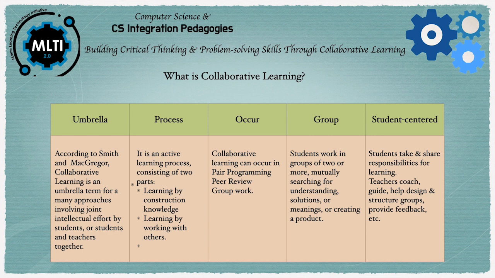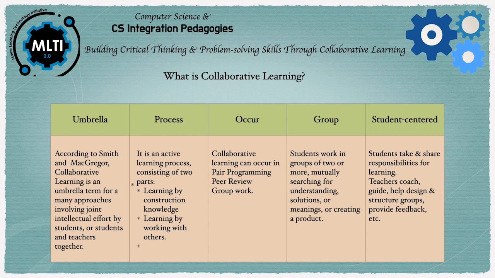Usually, students are working in groups of 2 or more, mutually searching for understanding, solutions, or meanings, or creating a project. Simply put, collaborative learning is a learning method in which 2 or more students learn things together and solve problems together. Collaborative learning is an active learning process.